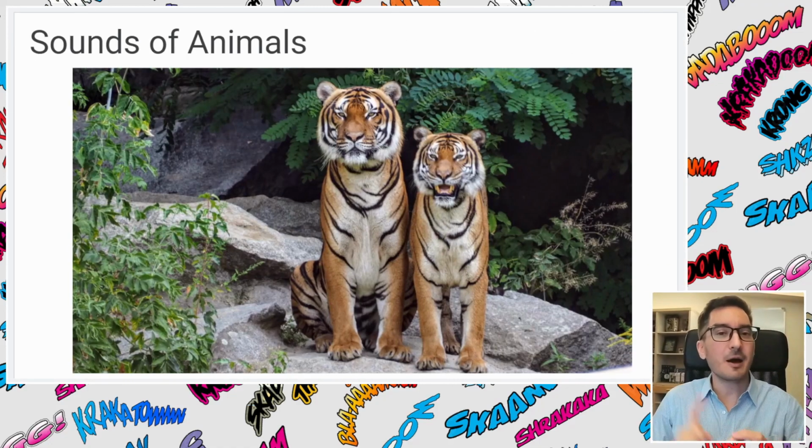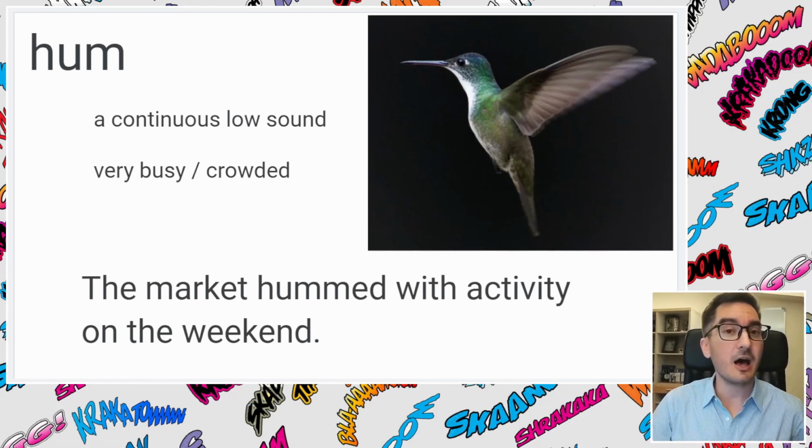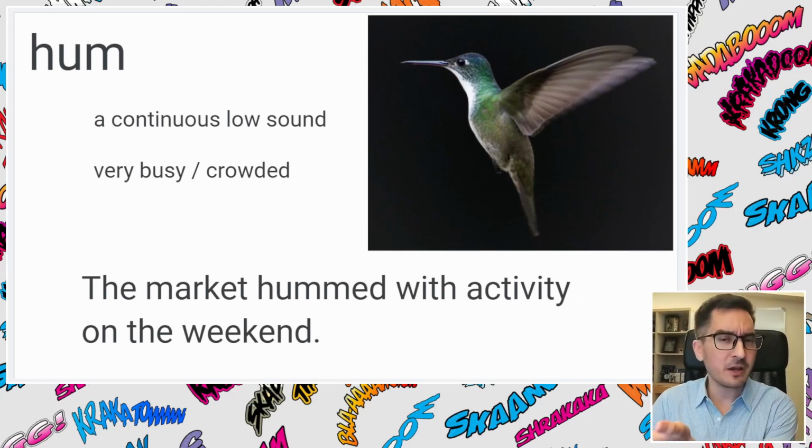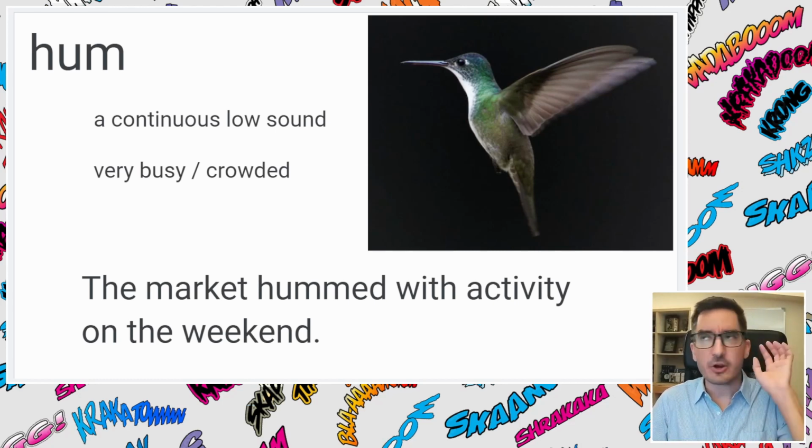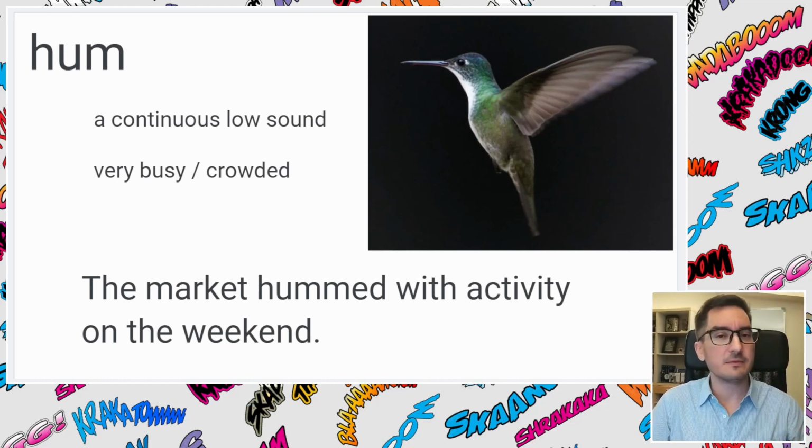Now, next up, a couple sounds of animals. Animals make lots of sounds, and we can use these to describe the animals, but also describe other stuff. So first up is a hum. What kind of bird is this? Well, this is a hummingbird. So hum, you can hear it. Hum. That is a hum.